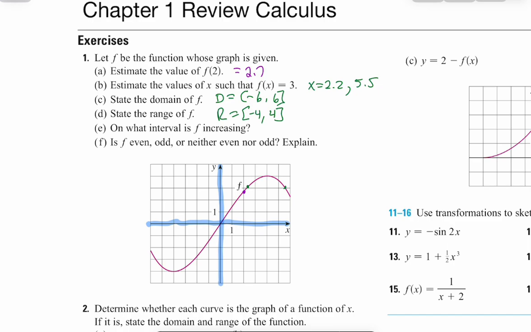On what interval is function f increasing? So if we look at an x value right here and an x value right there, those are our turning points, our changes in increasing to decreasing. So the only place it's increasing is this middle portion of our function. So you have to tell me the x values where that happens.